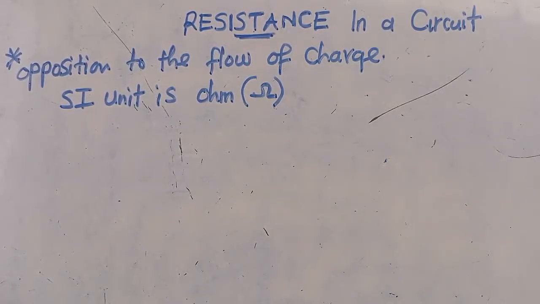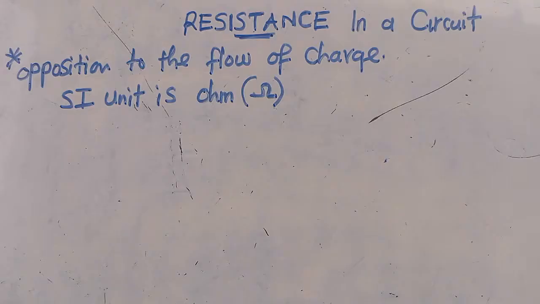You discover that some components in a circuit, such as a bulb and a heater, have a certain resistance. Each electric appliance has a resistance. There is that opposition to the flow of charge.